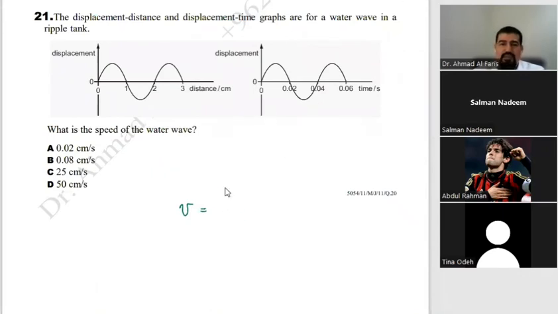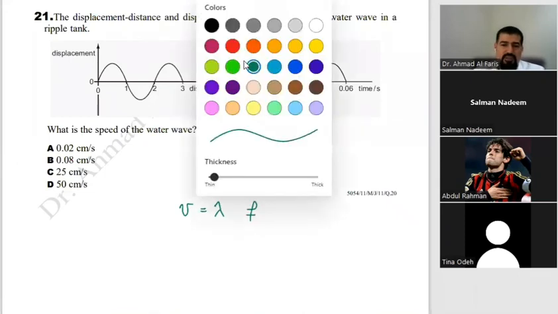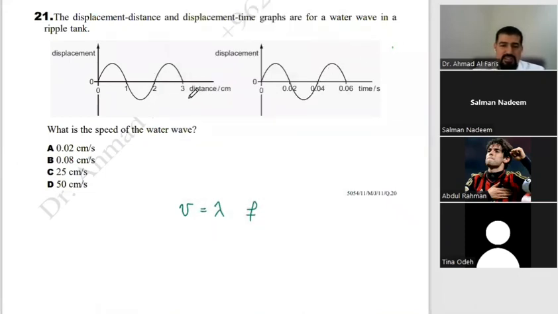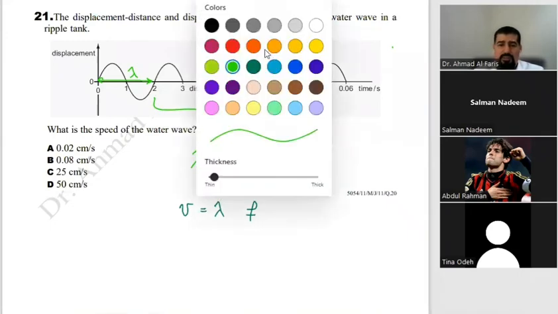It's the same thing. So now if we look here on this graph, the distance for one wave is the wavelength. It is 2 centimeters. So from the graph, the wavelength, lambda, is equal to 2.